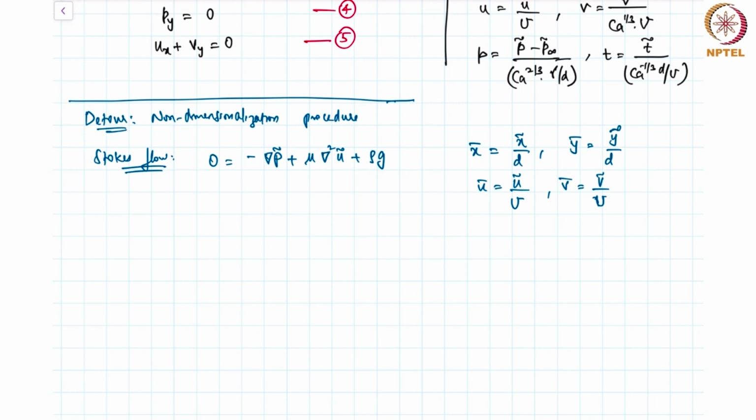And if you write down the scale for pressure, we can simply take P bar to be P tilde divided by gamma by d, or we can even subtract the pressure outside.